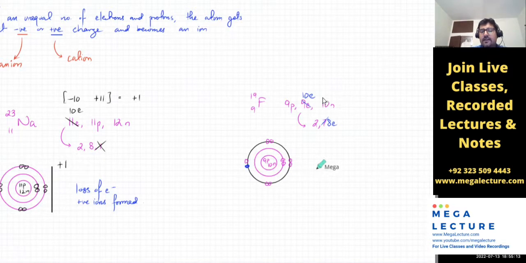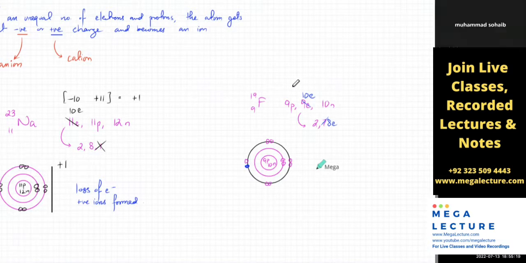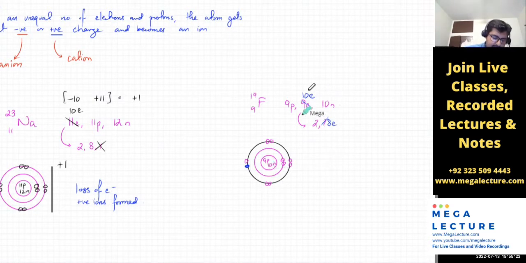So what is the overall charge now if it has gained electrons? Negative or positive? Negative, right? Because you've got a positive charge in the nucleus of 9 protons, but you've got 10 electrons, that's a charge of negative 10. So the overall charge is now -1.